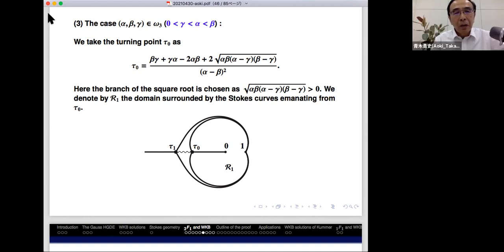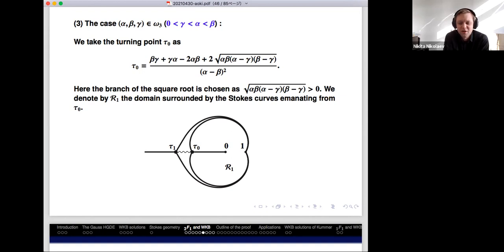People have worked out for centuries now preferred bases of solutions. So I'm just wondering if this is part of a larger program of building a dictionary between those very classical solutions and what you get from WKB analysis.